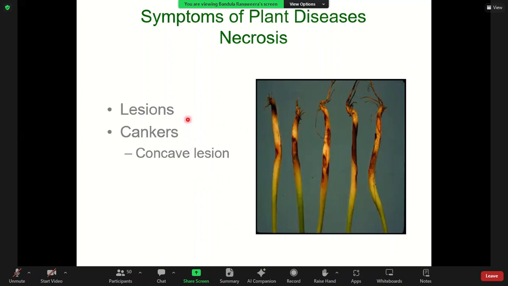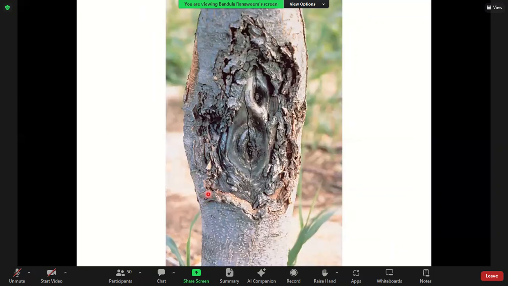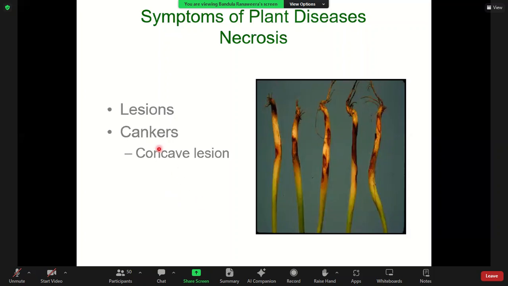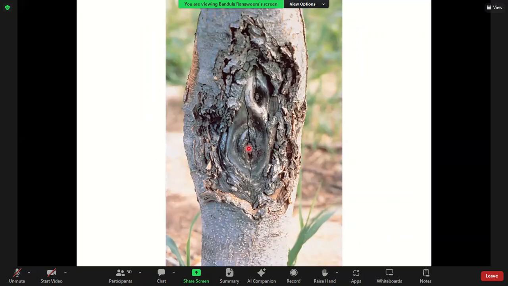When these lesions develop on mature parts, mature stems of the plant, in mature plants, the lesion shape we name as a concave shape like this. So these are cankers. Initially they develop as water-soaked lesions, damping off lesions, and cankers like this, stem cankers.